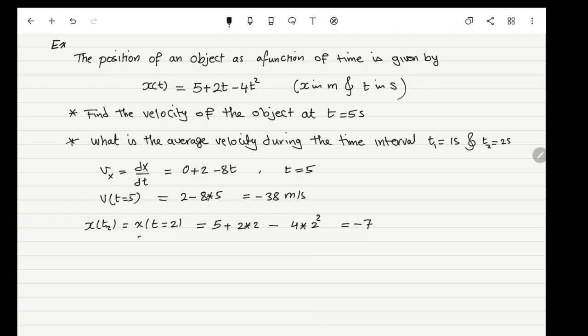And the position when t equals 1 equals 5 plus 2 multiplied by 1 minus 4 multiplied by 1 squared, which equals 3. Now the average velocity equals minus 7 minus 3 divided by 2 minus 1, which is minus 10 meters per second.